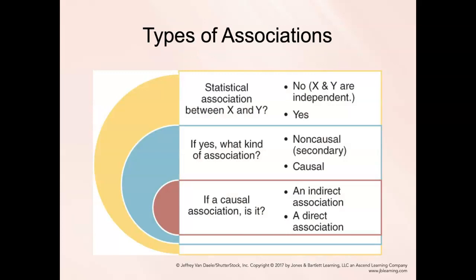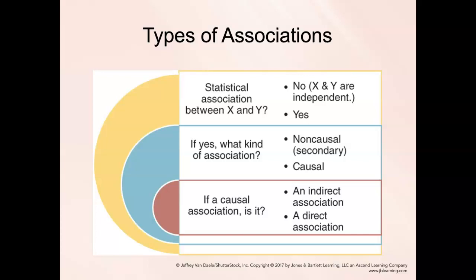So in summary, there's a lot of different types of associations that can exist if you find a statistical association between an independent and a dependent variable. Just because you find a statistical association, it doesn't mean that it's a direct causal association. If you find an association between variables, it could be non-causal. As we talked about, there's some third variable that's related to your independent and your dependent variable that makes it look like there's this association, but it's not actually a causal association.